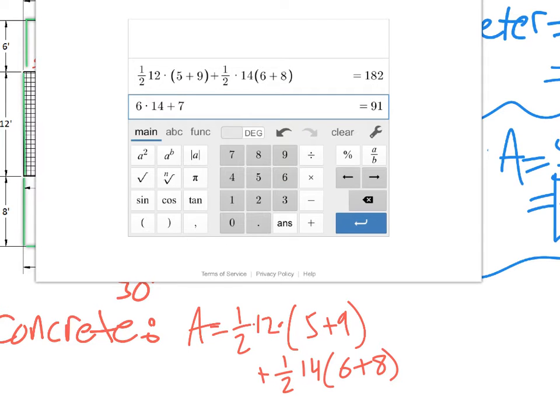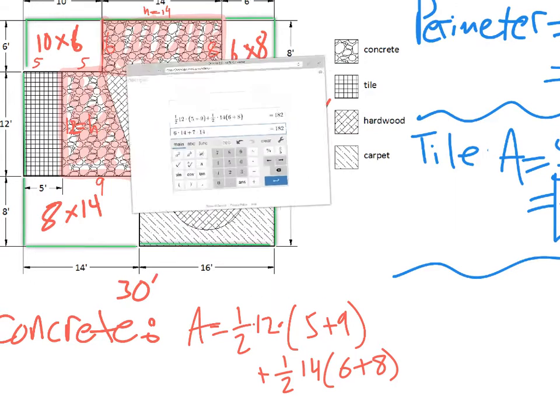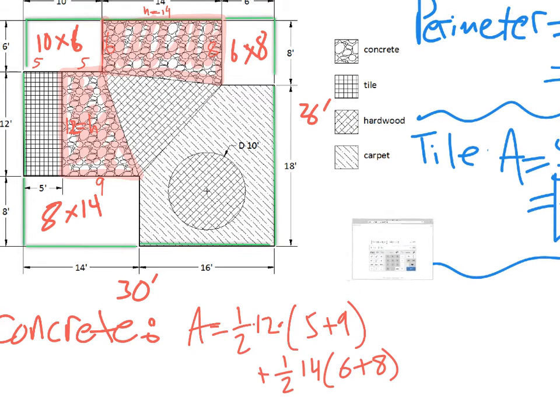If you can start the order of operations in your head, you're going to do a lot less typing and you'll be just as accurate, maybe more accurate because you'll make fewer typing mistakes. All right, let's shrink this guy down and put that aside for now. So we had 182.